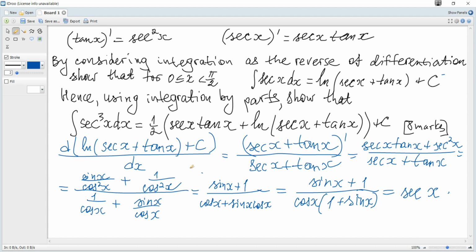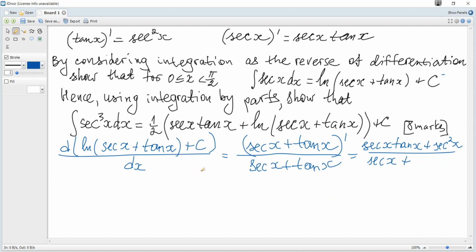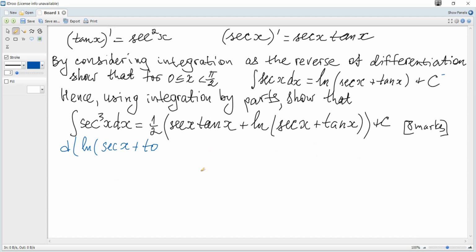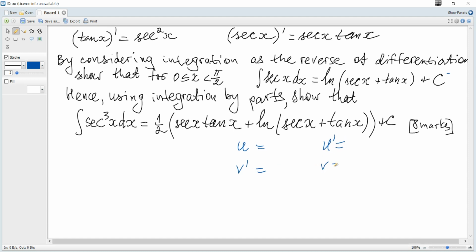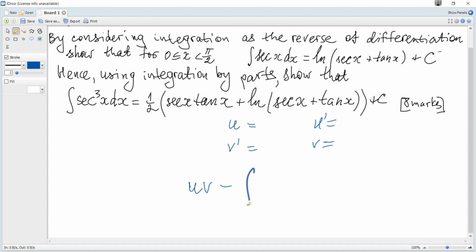The next question: find the integral of secant cubed. According to the method of integration by parts, we should consider the function under the integral as a product of two functions, and one function should be considered as u and another as v prime. Then we find u prime and v, and the integral becomes uv minus the integral of u prime v.